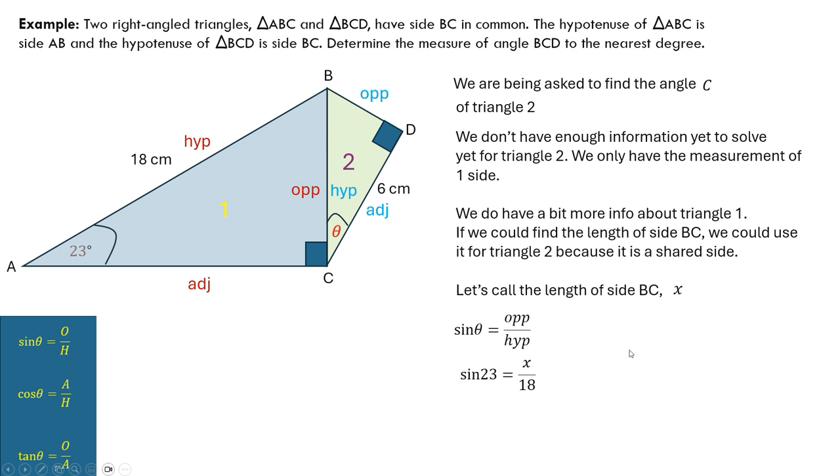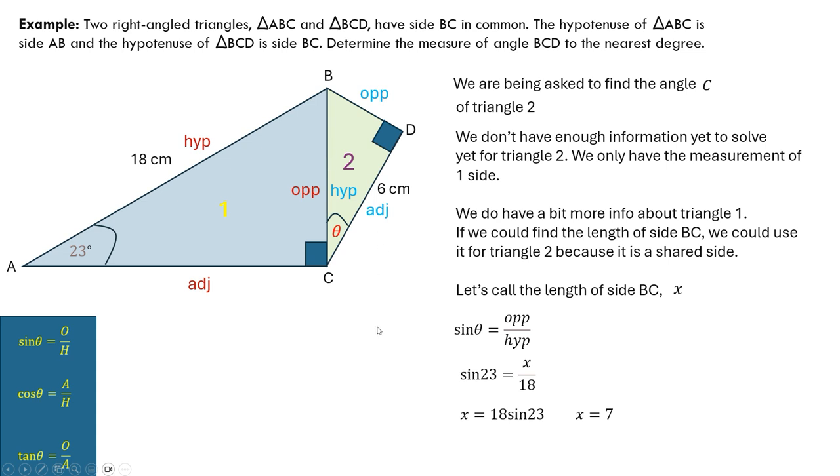So if sine 23 equals x over 18, standard algebra tells us that x equals 18 times sine 23. And with a few presses of the calculator, 18 times sine 23 becomes 7. So we know that this side right here has a length of 7.